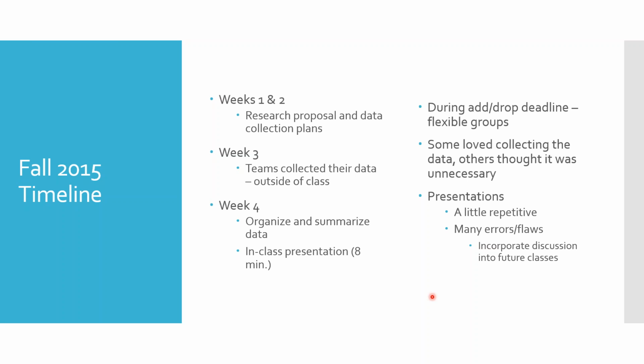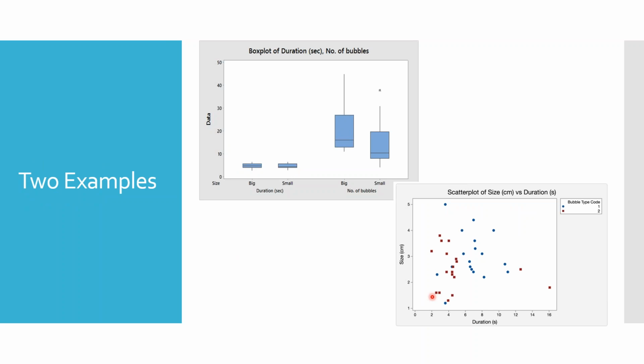I also complemented it with a good example or a really interesting idea or concept that groups had done well. So it wasn't just the errors or the flaws, it was also the good things. But I felt that was a good way of catching some of the misunderstandings about things and bringing them into future classes. So here is an example of something that I brought up in class.